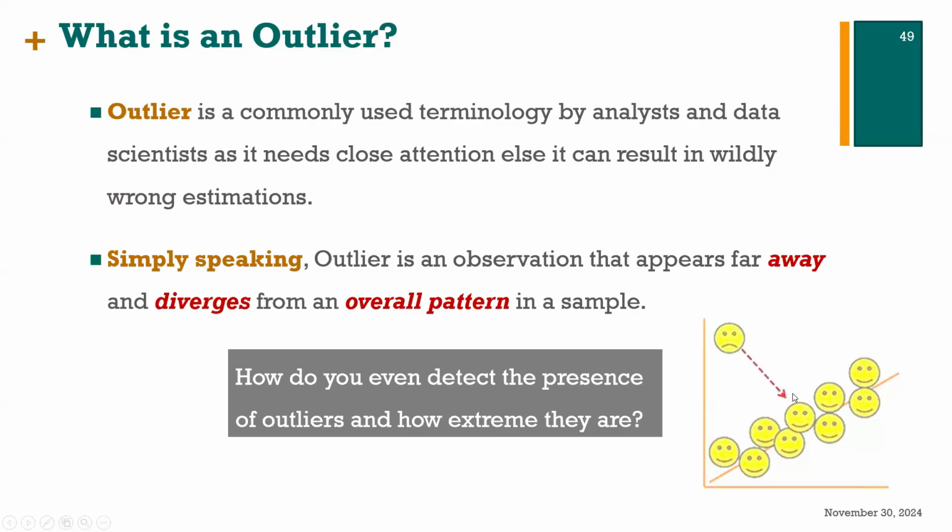For example, you can see this data. The entire data set is falling within the line of fit, except this point that is here. This is an example of an outlier.